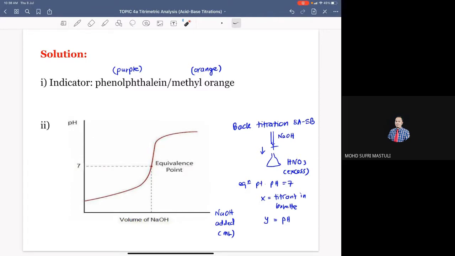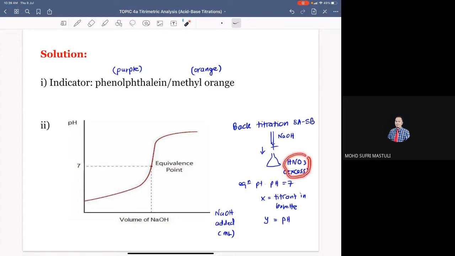So you have to visualize what happened in here when we add sodium hydroxide. Of course, nitric acid is a strong acid. Before we add 1 drop of sodium hydroxide, the pH should be in the acidic range.